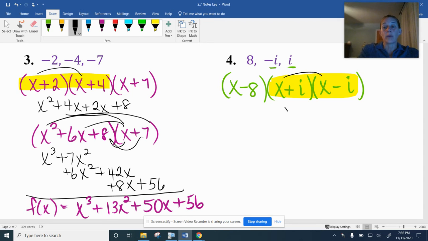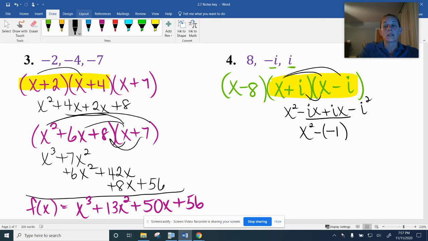So if you multiply the 2 x's, you get x squared, but then you're going to have minus ix plus ix, and then you're going to have minus i squared. Now, of course, those 2 ix's in the middle are going to cancel. Then you're going to have x squared minus, and don't forget, i squared is really equal to -1.